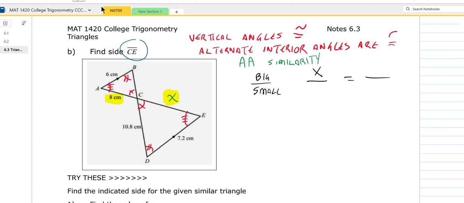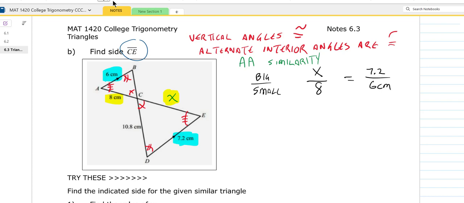If you look at the angles, the one with 3 symbols, the one with 1 symbol, that's the same as that. So that's going to correspond to 8. Now we just have to find another one. The other one that matches up is this side, 7.2, which is proportional with the 6 centimeters. So we could write this as 7.2 centimeters over 6 centimeters like that.